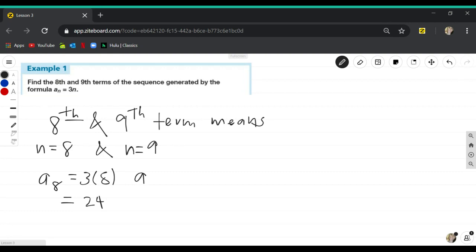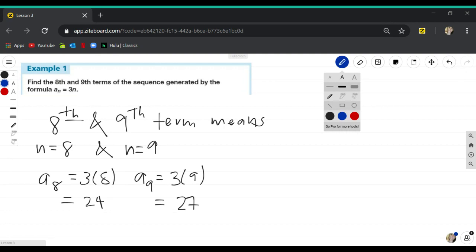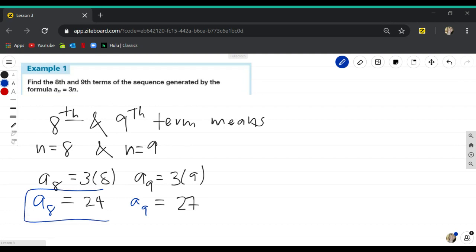And then when n equals 9, a_9 is equal to 3 times 9, which is equal to 27, right? So this would be a_9, this would be a_8. Let me make this look prettier. There you go.